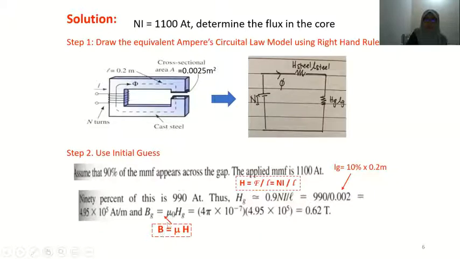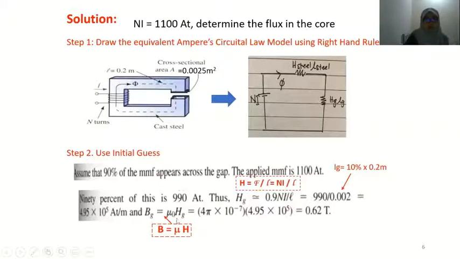Thus you can get your Bg, the flux density of the gap, which is mu naught Hg. Mu naught is 4 pi times 10 power of minus 7, and the mu relative is 1.